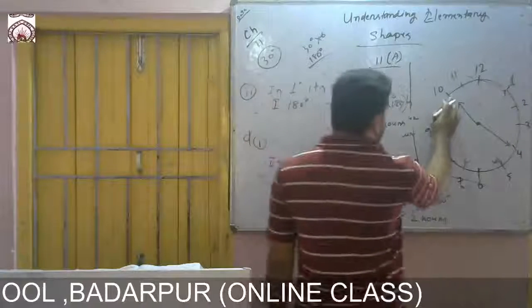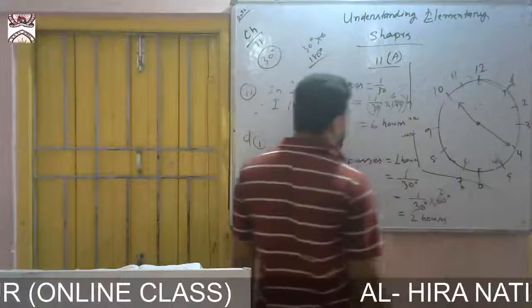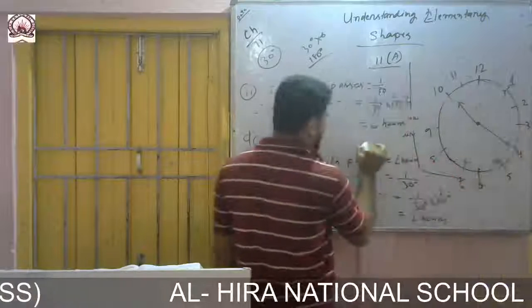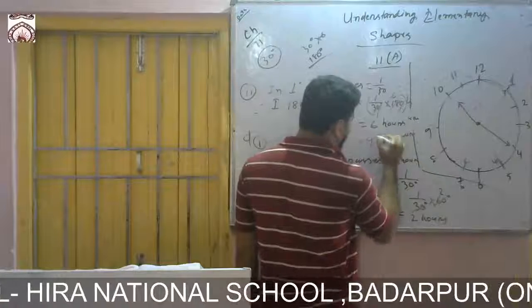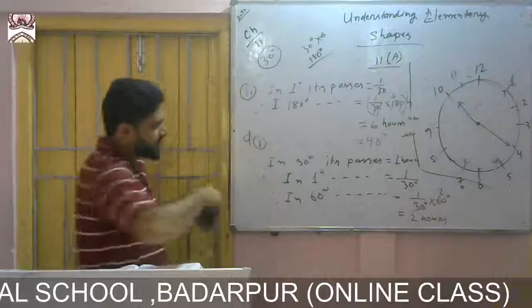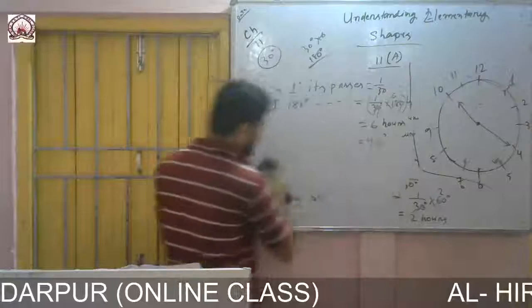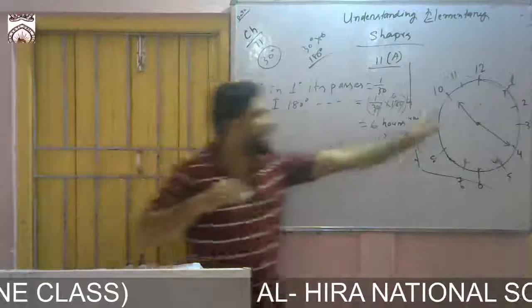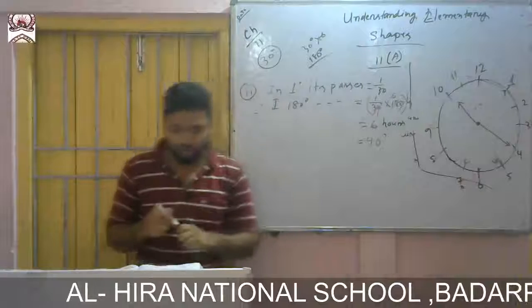That means from 10, if I come to 6, it is how much? 1 2 3 4 5 6. It will be 4 o'clock. That means plus 6 hours. So from 10 I should go 6. So 1 2 3 4 5 6. It will reach 4 o'clock.